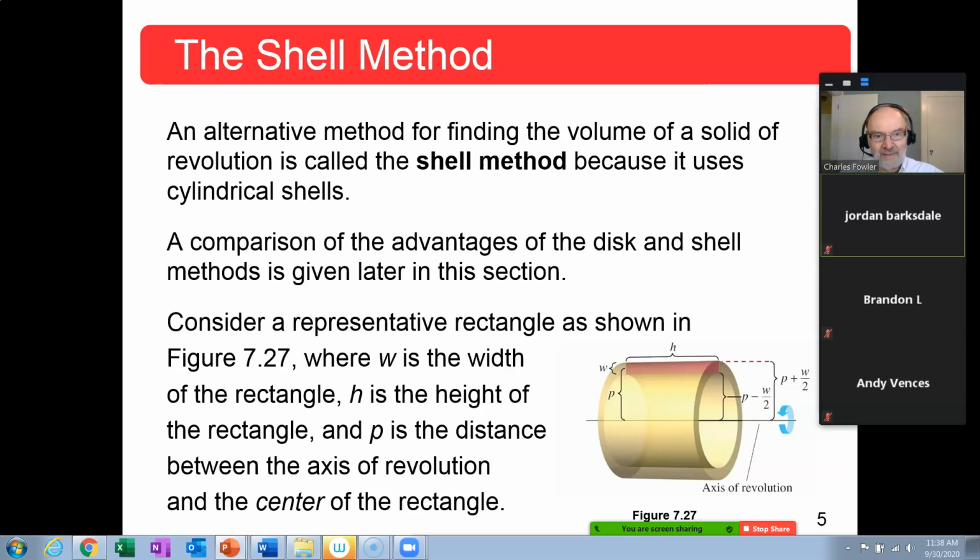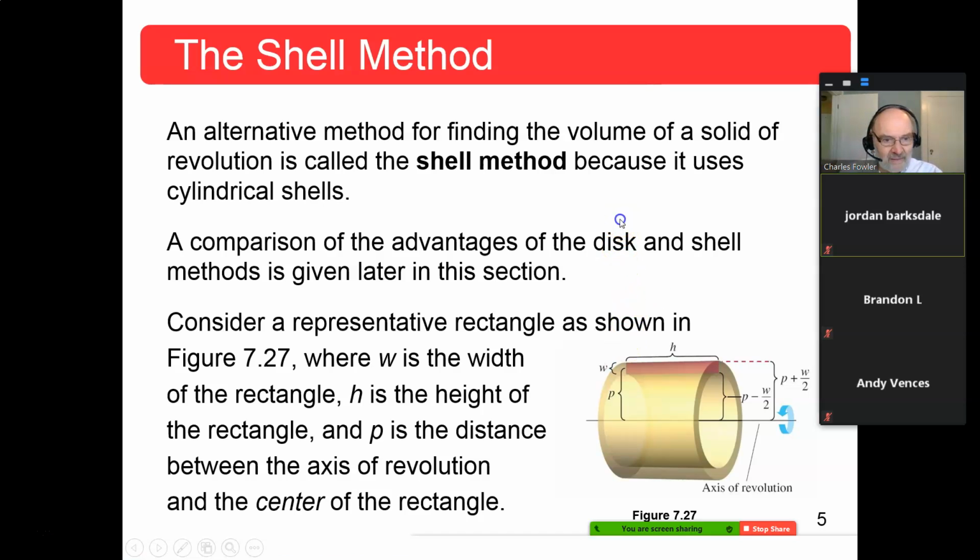So 2 pi P times the width times the thickness. There's your volume. Now they introduce this P plus W over 2 and P minus W over 2. They go through all this and then later ignore it. So why mess with it? P is the distance between the axis of rotation and the center of the rectangle. That's all that's going to matter.